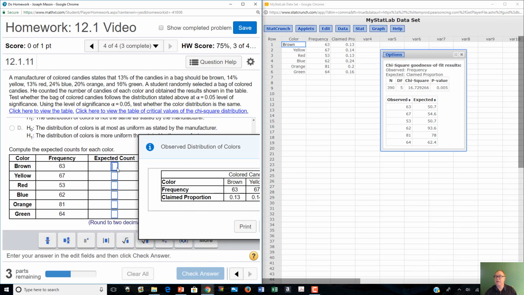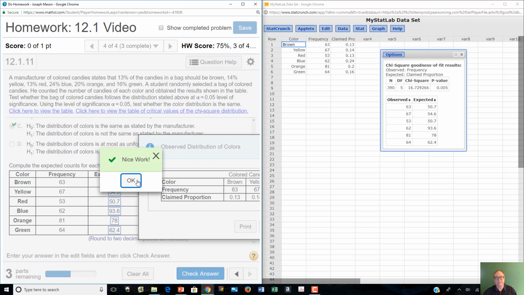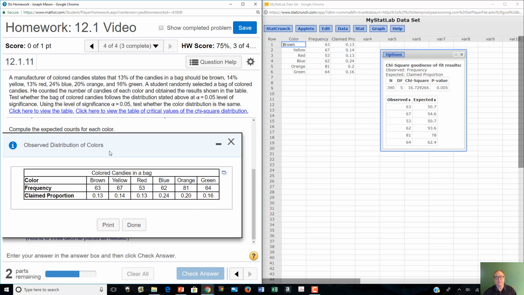So now I can put the colors in: 50.7 and 54.6, 50.7, 93.6, 78, and the last one 62.4. Check my answers. Okay, so I took care of that part.